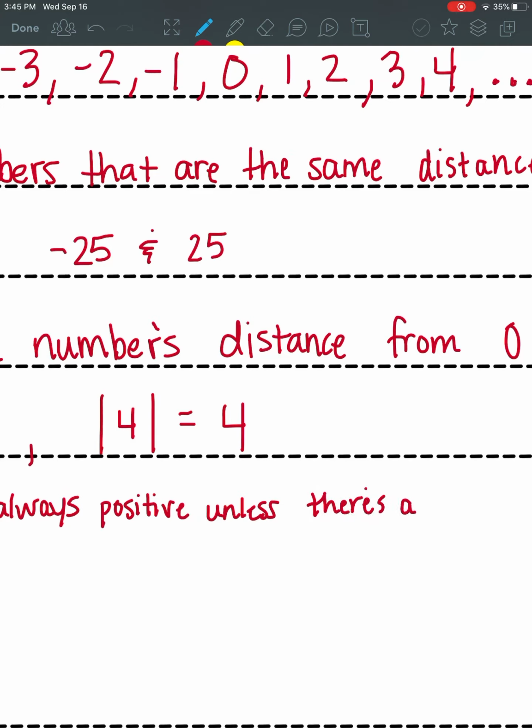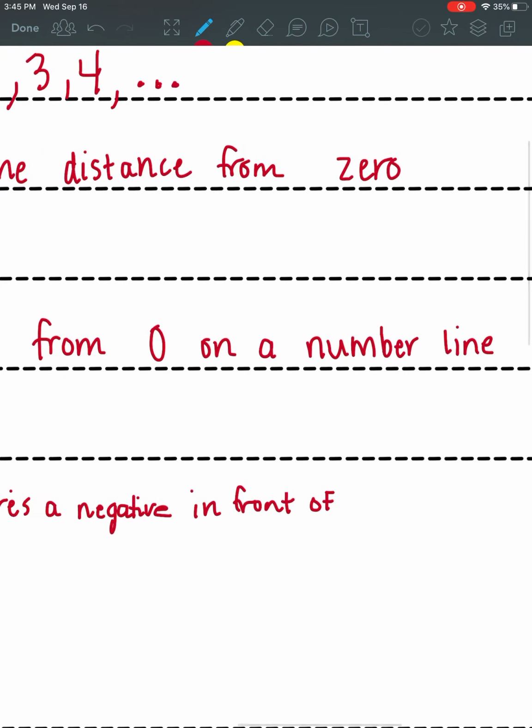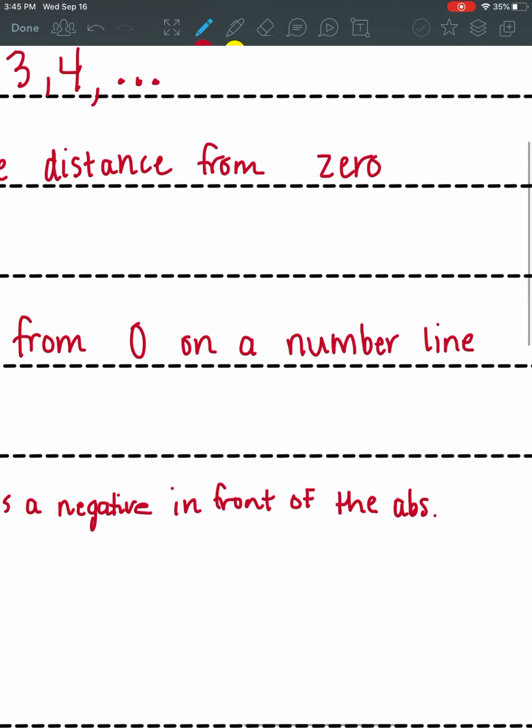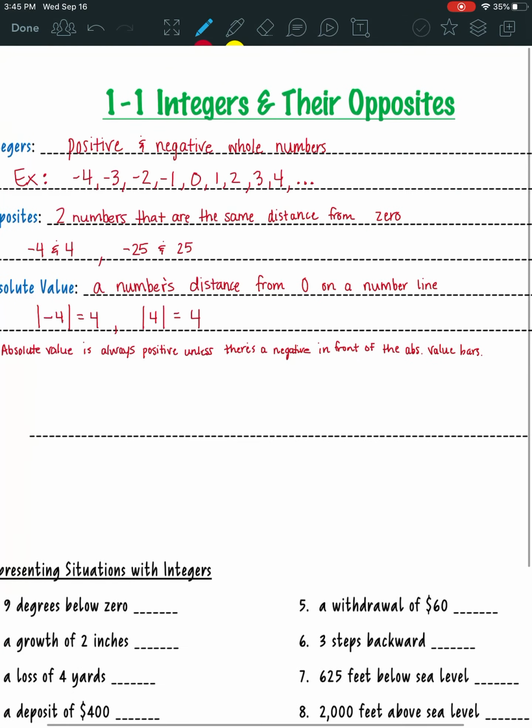So it's always positive unless there's a negative in front of the absolute value bars. And I'm going to shorten up absolute value bars. Okay, let's keep going then.